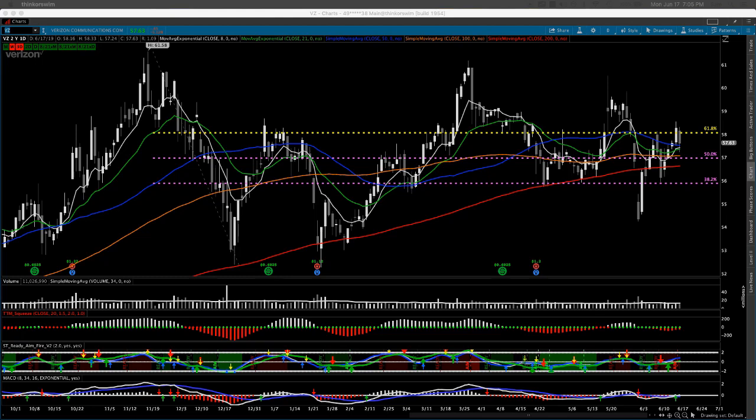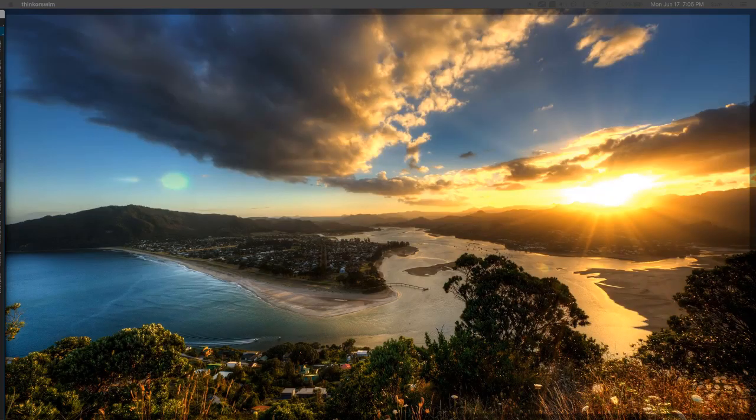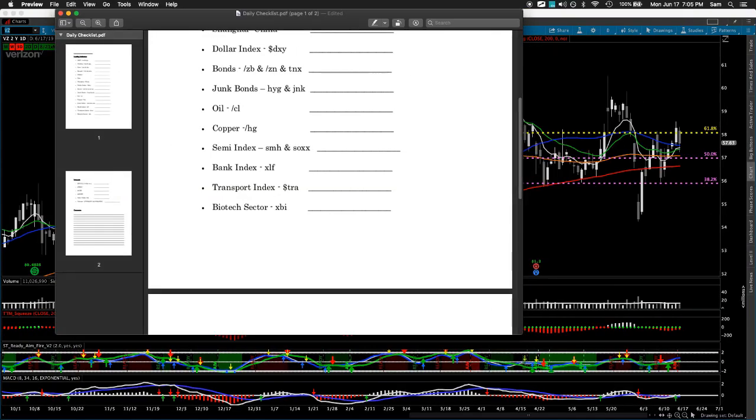If you hover over it, it's called Room Drive. If you click on it, the first document should say daily checklist.pdf. If somebody could let me know that they successfully downloaded it, then I think we're all set. Awesome. Thanks, Mark.